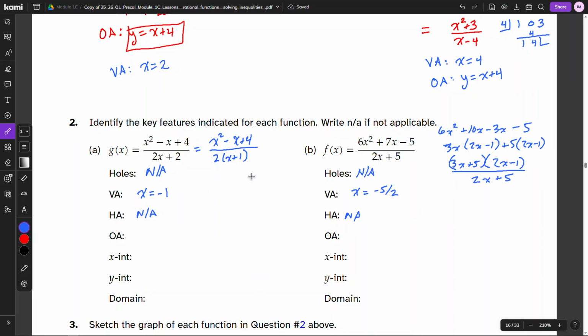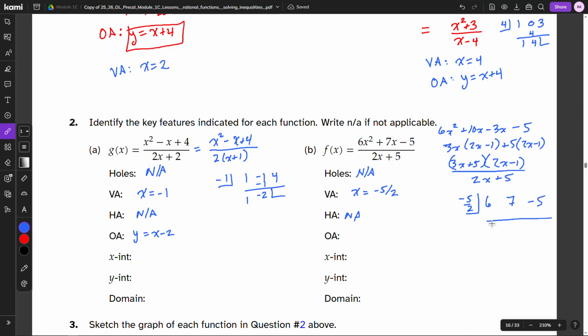Oblique asymptote, I would need to do my synthetic division, and 1, negative 1, and 4. And once again, I don't care about the remainder, so bring down the 1, negative 1, negative 2. So my oblique asymptote is y equals x minus 2. Here I have negative 5 halves, so I'm going to work with negative 5 halves. Not going to be easy with a fraction, but we'll make do.